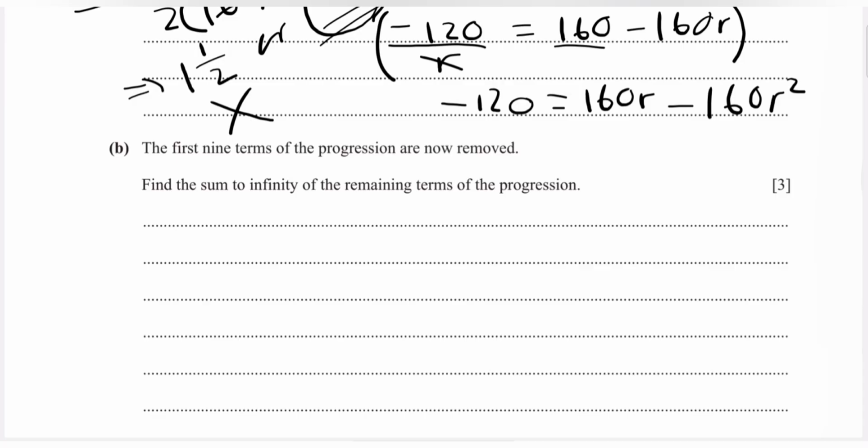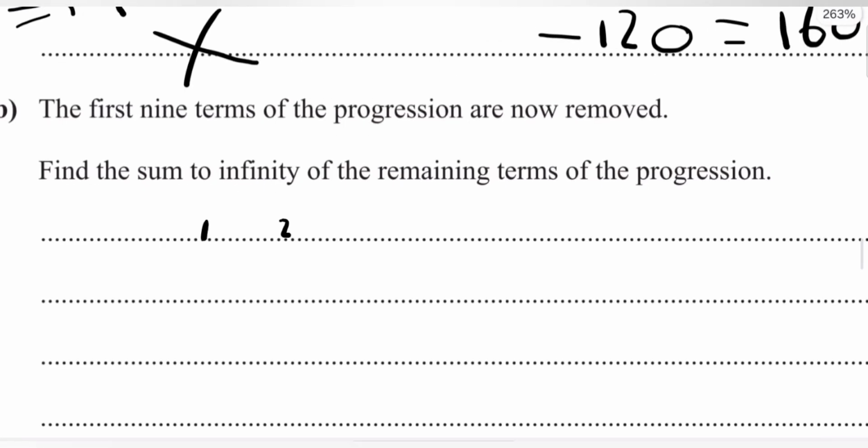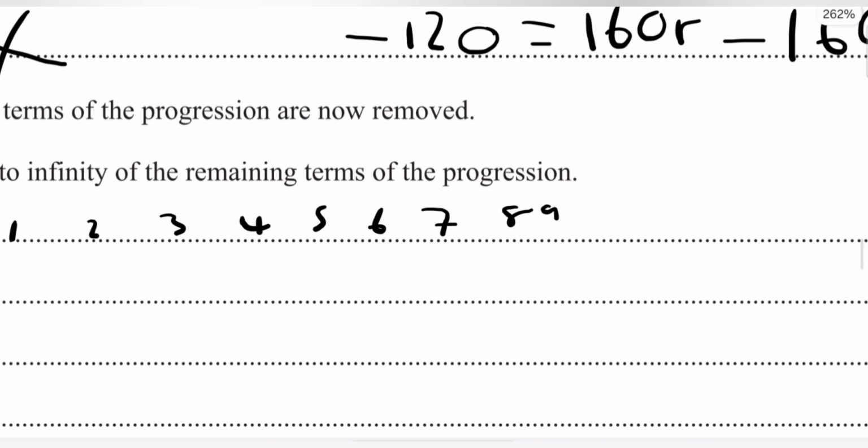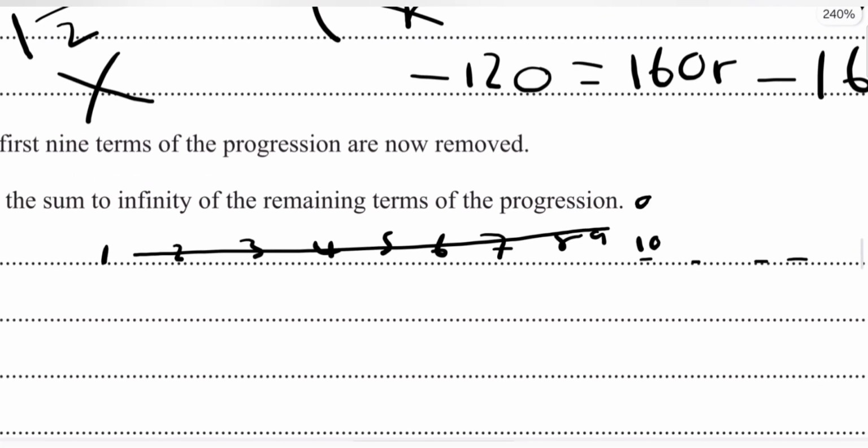So it means for this new progression that we have, a is the 10th term of the first. So we had 1, 2, 3, 4, 5, 6, 7, 8, 9, and so forth. Let's get to 10, right? And we're removing the first 9. That means this is now our a. Then this will be our second term, third term going forward.